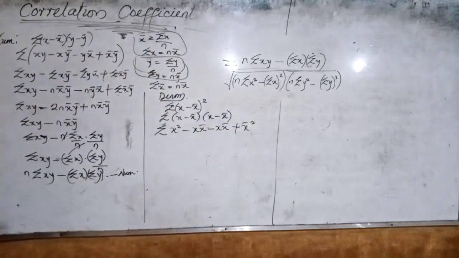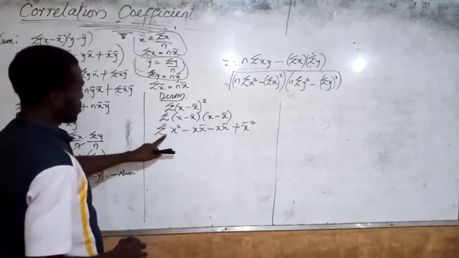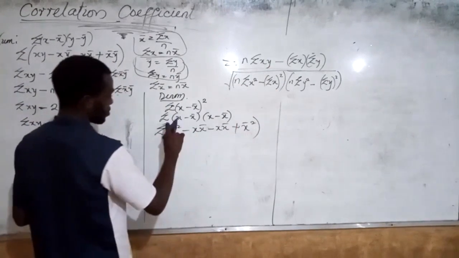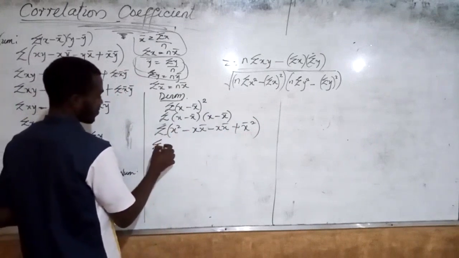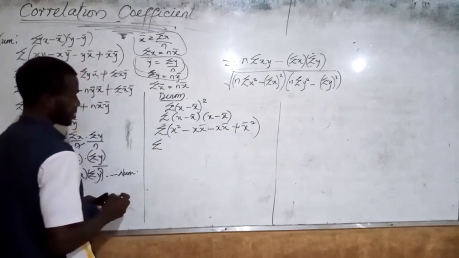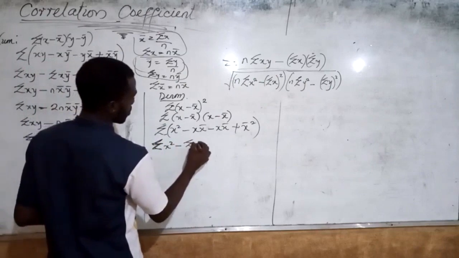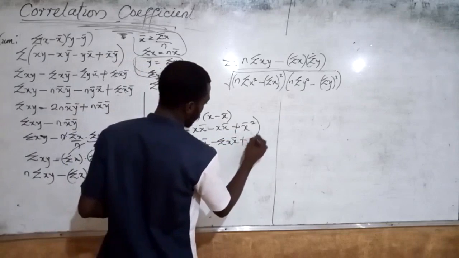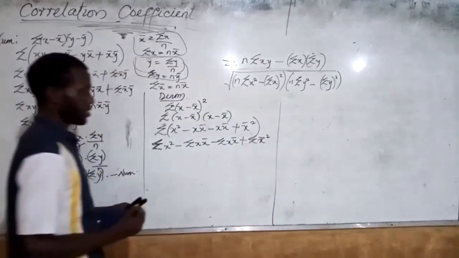Okay, so let's use the summation to open the bracket. So if the summation opens the bracket, we have summation x squared minus summation x bar minus summation x bar plus summation x bar all squared.